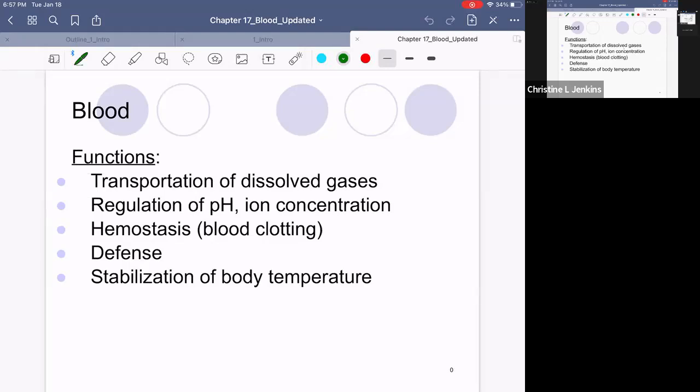It was bad. The blood also contains things that help our immune system. What part of the blood helps our immune system? Like the white blood cells, among other things. And the blood also plays a role in maintaining body temperature. Can't we shift blood flow to help temperature change? Yes.